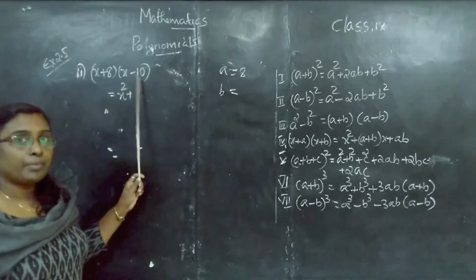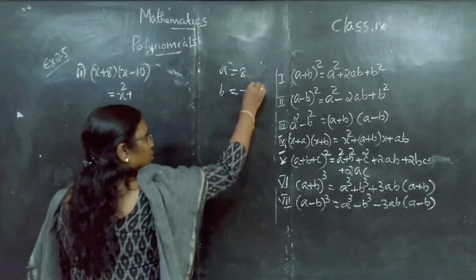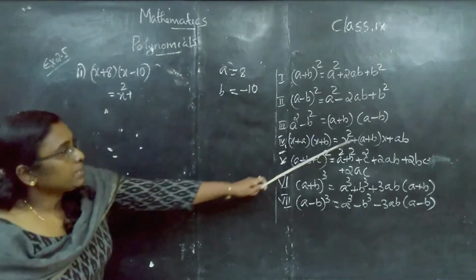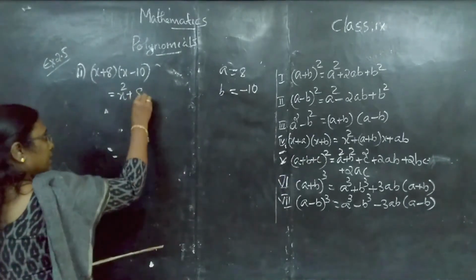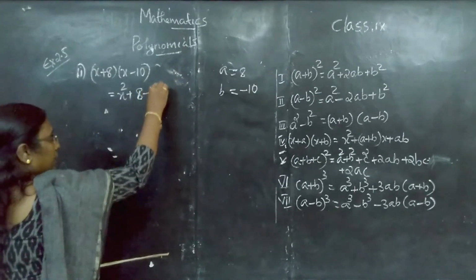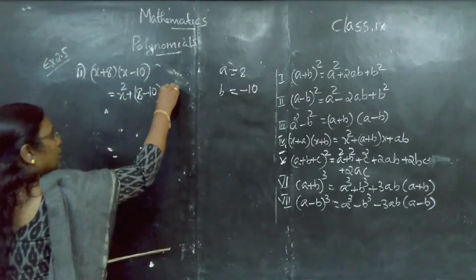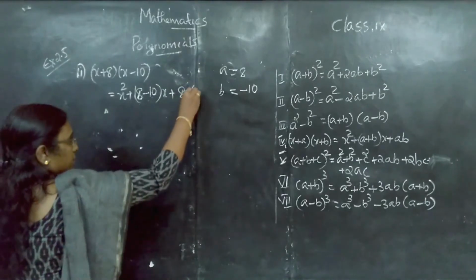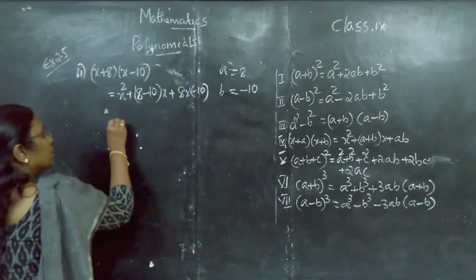Here b is minus 10. So x square plus a plus b into x plus ab. A is 8, b is minus 10, a plus b into x plus ab, 8 into minus 10.